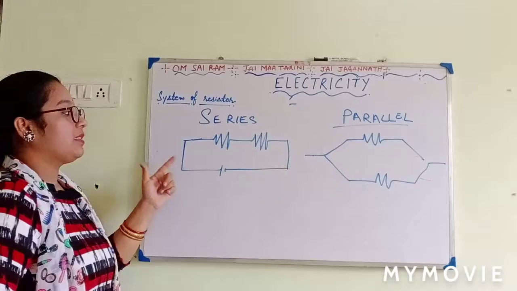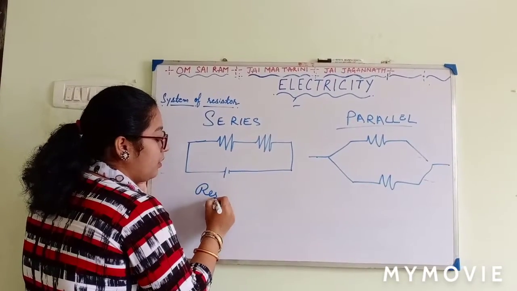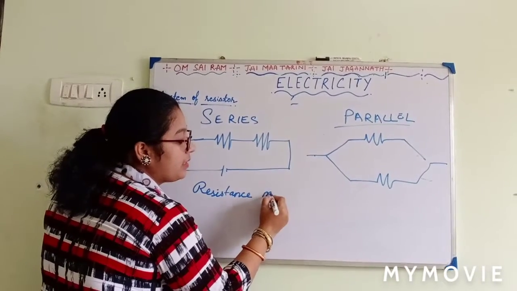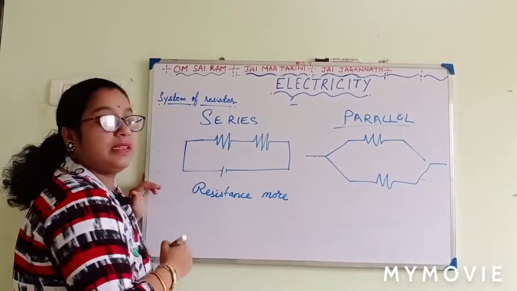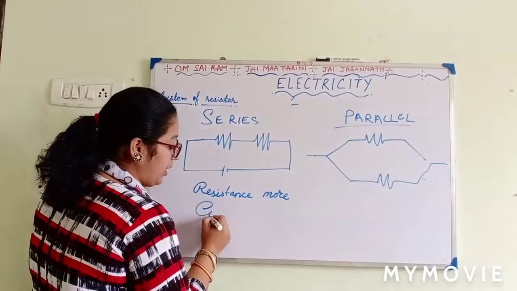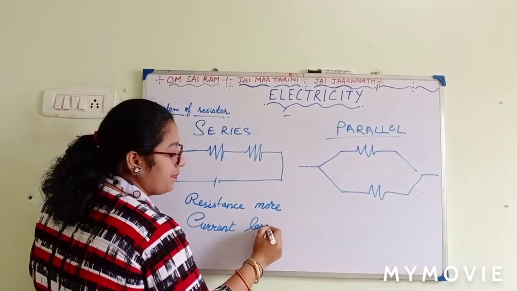So in series case, we will see that the resistance offered will be more. Just like the example, the resistance offered is more. So if resistance offered is more, the current flowing will be less. So the current flowing in series combination is less.